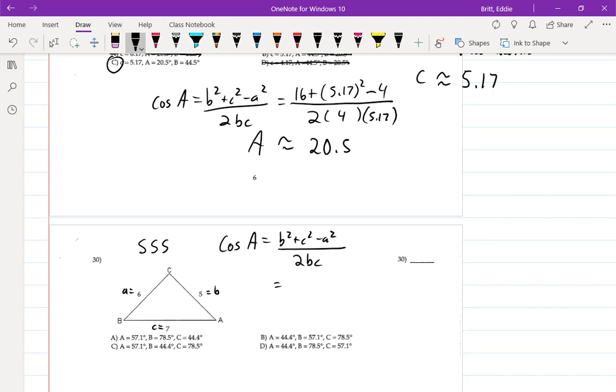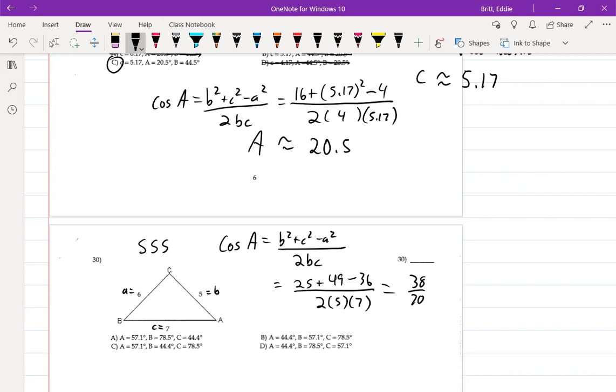All right, so let me just do some of this in my head. 5 squared is 25 plus 7 squared is 49 minus 6 squared is 36, over 2 times 5 times 7. So it looks like my denominator is going to be 70 and my numerator is going to be 38.